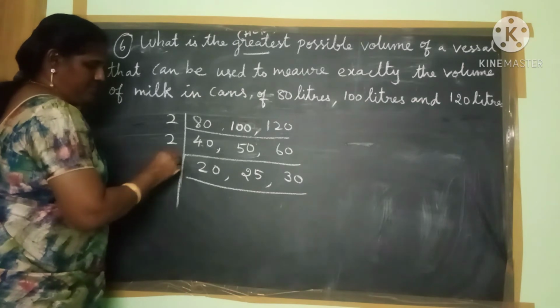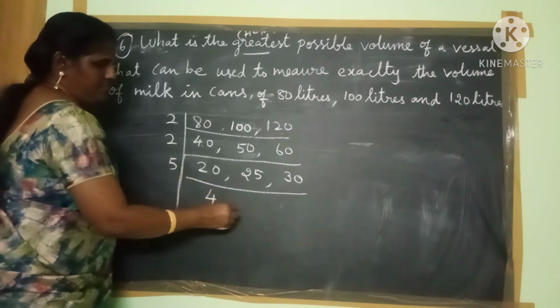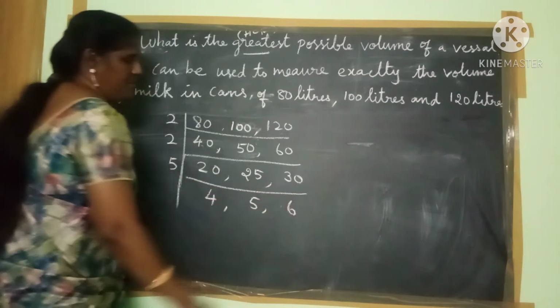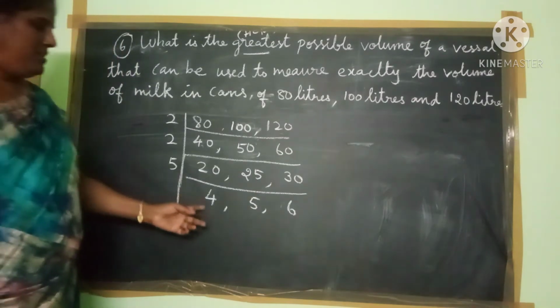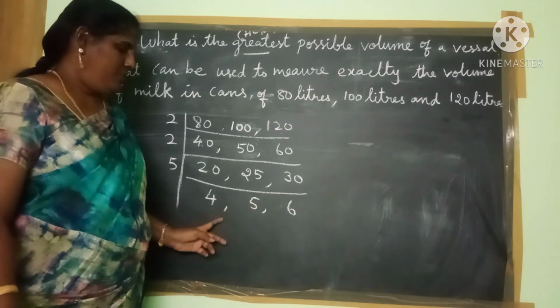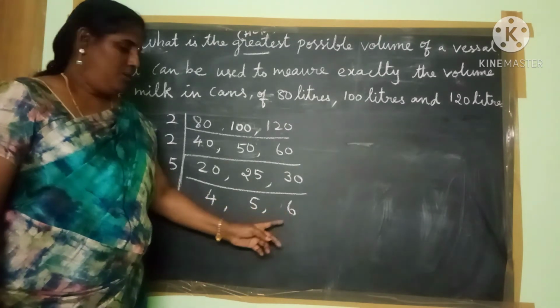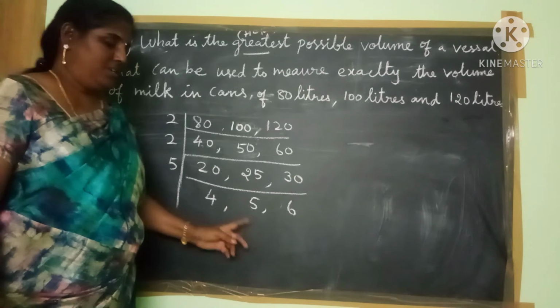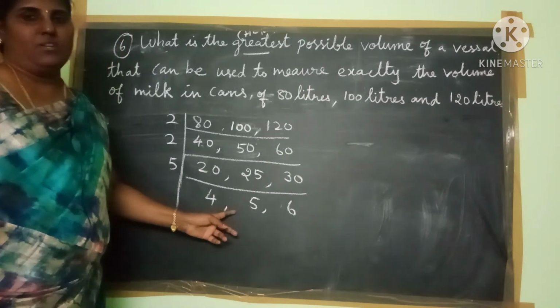Yes, 5 table. Then 5 table: 4 time, 5 time and 6 time. Okay, see at last what numbers are there? 4, 5 and 6. 4 and 6 will come in the 2 table but 5 will not come in the 2 table.